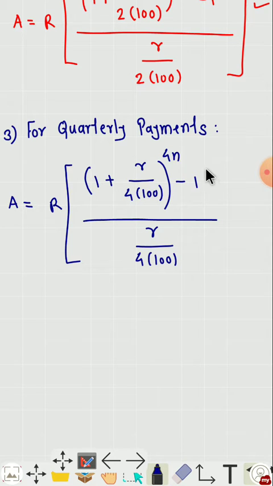We observe all these formulas, and here we write the note that the actual capital invested is equal to rupees R into 4n.